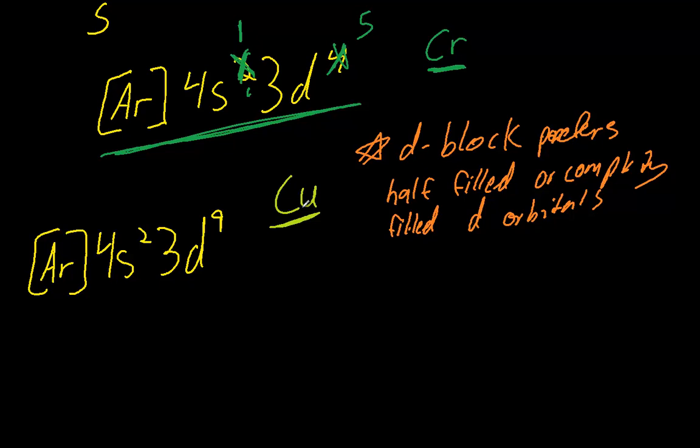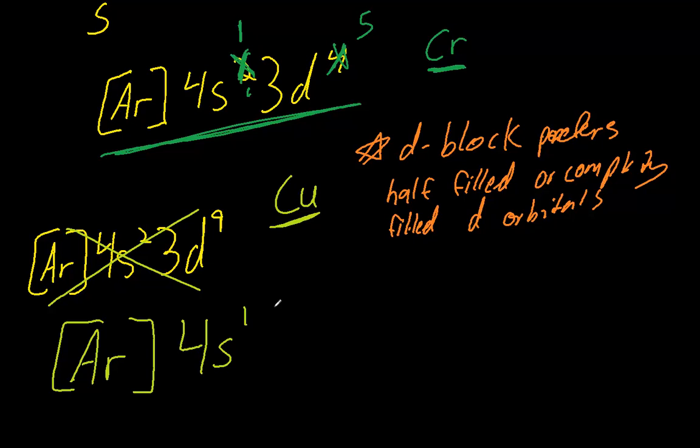It's copper. Again, this would never happen because the d block element will want to fill up the d orbital. So instead, let me rewrite that. Instead, it'll be 4s1, 3d10.